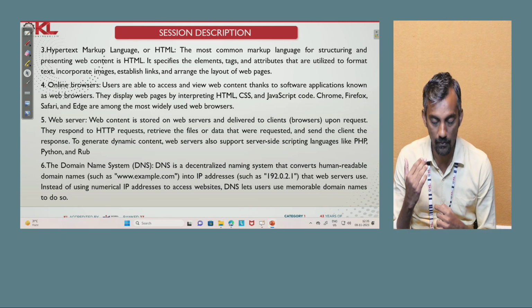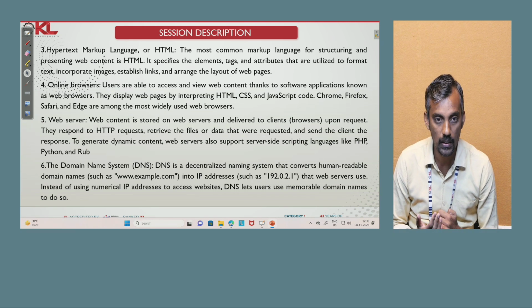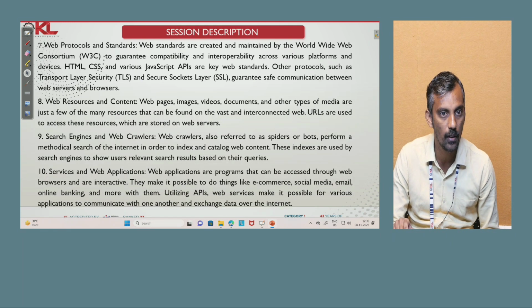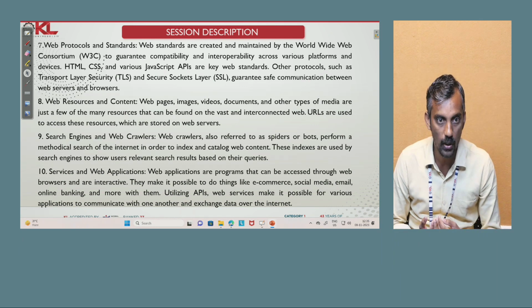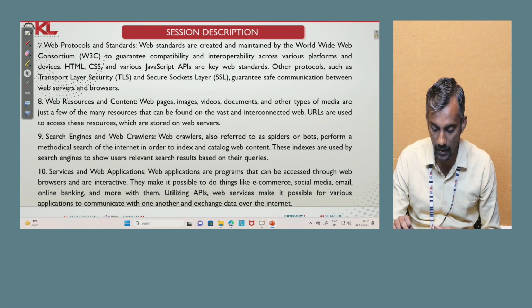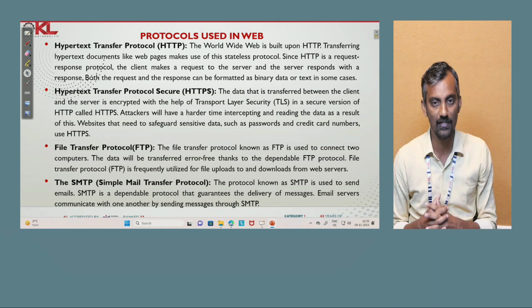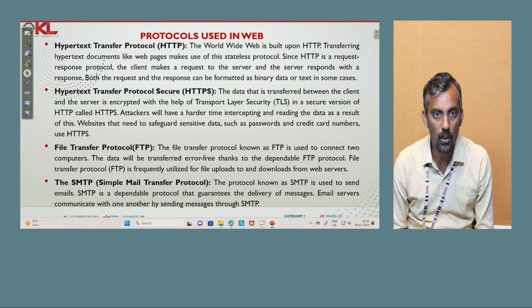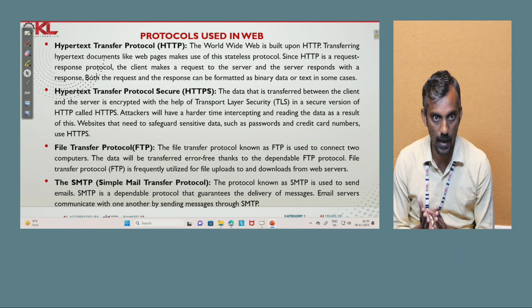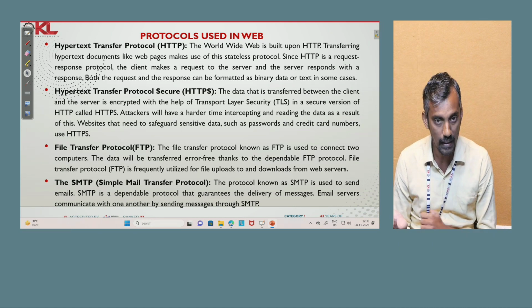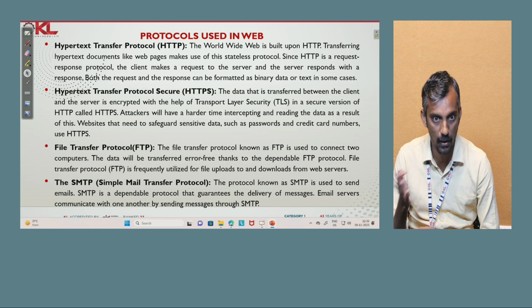The WWW contains HTML, online browsers, web servers, domain name systems, various protocols, web resource content and search engines. Then the protocols used on the web. HTTP is the basic protocol; it transfers data from web server to web browser.